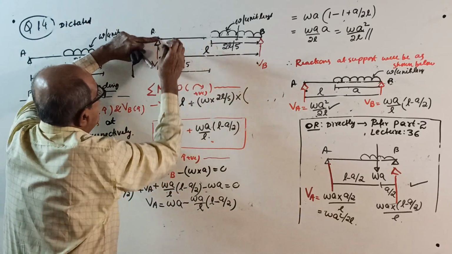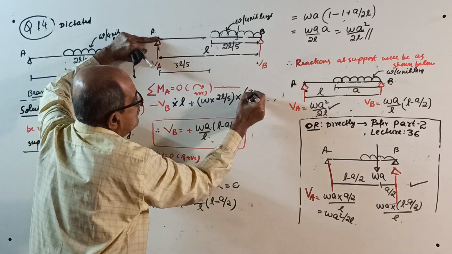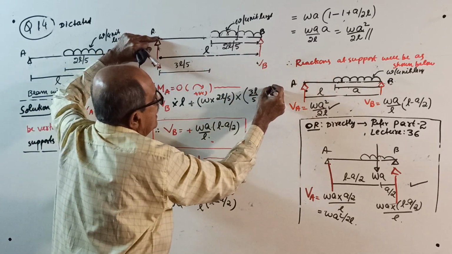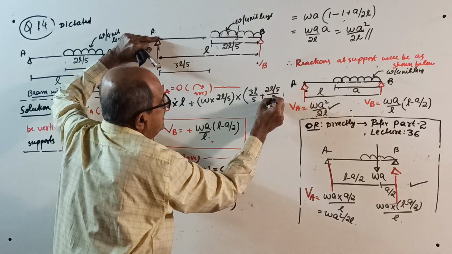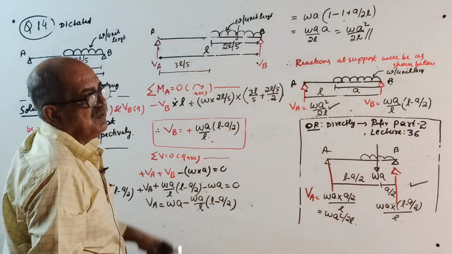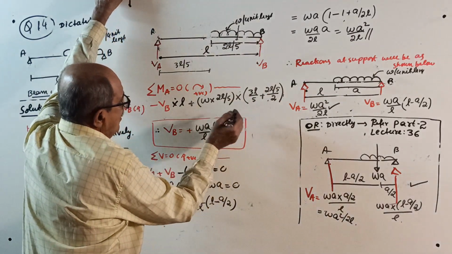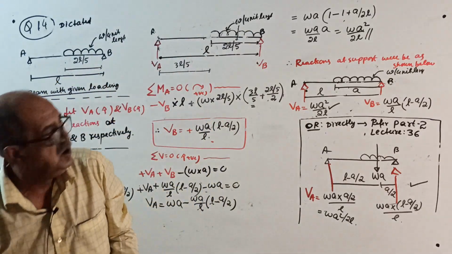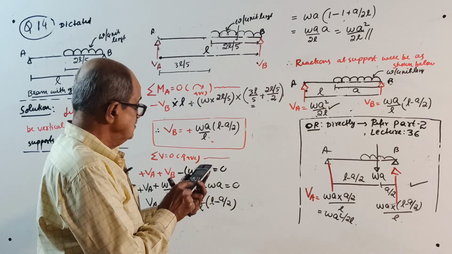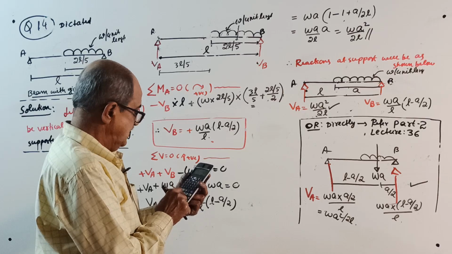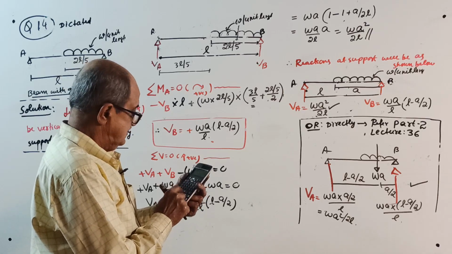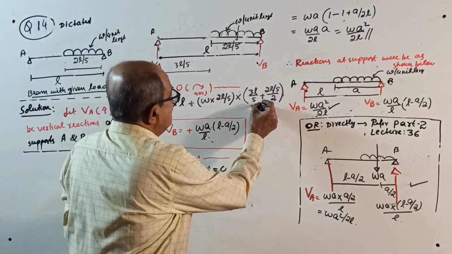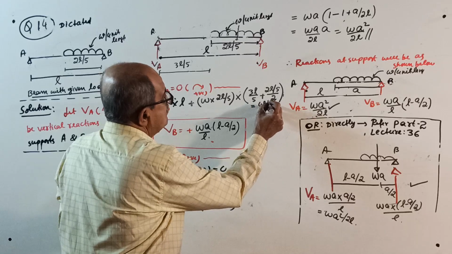So the moment arm about this point is 3L by 5 plus 2L by 5 divided by 2. If you calculate this number, 3 by 5 plus 1 by 5, it will come 4L by 5.